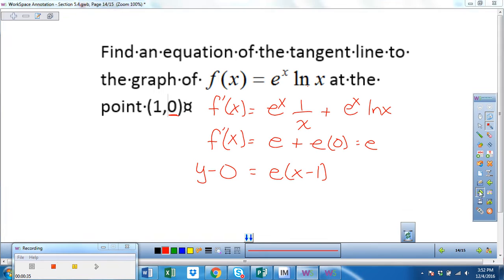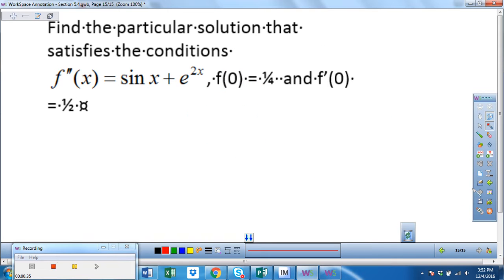And last, find the particular solutions that satisfy the equation. So we're given the second derivative, and we're given some initial conditions, and we want to find the first derivative. So the first thing I do is find the first derivative by integrating the second derivative. So f prime of x is equal to the integral of sine x plus e to the 2x.